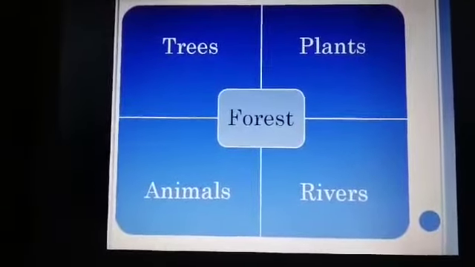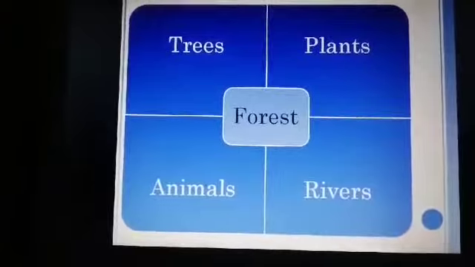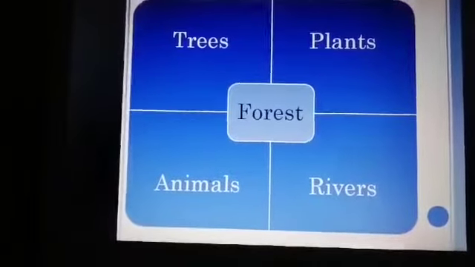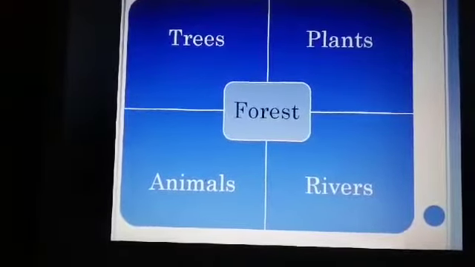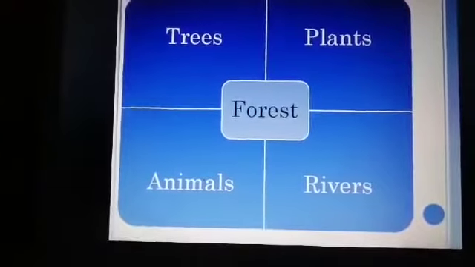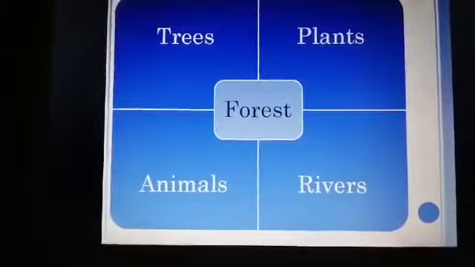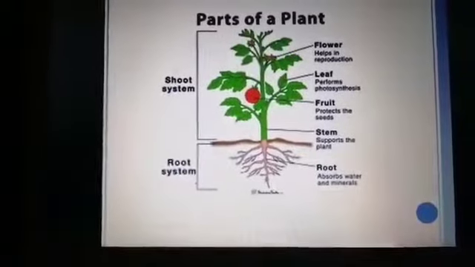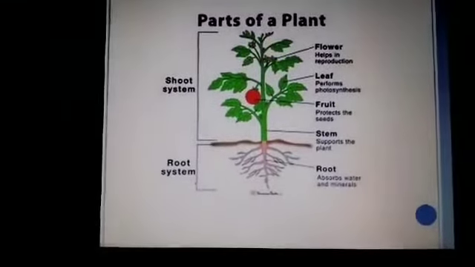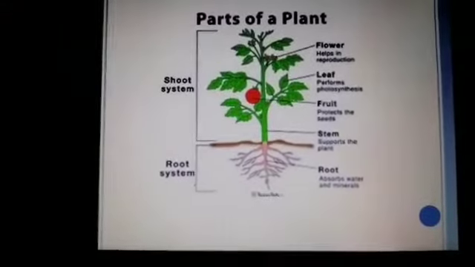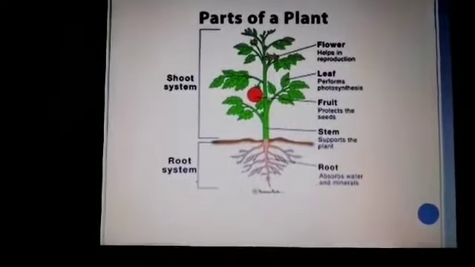But we're more concerned about trees and plants and the uses of various kinds of trees and plants, to help patients feel better. So first we're going to talk about the parts of a plant, and then we're going to talk about the parts of a tree.